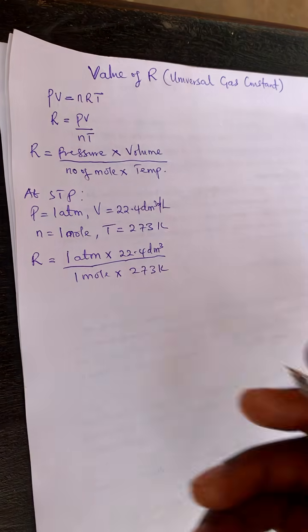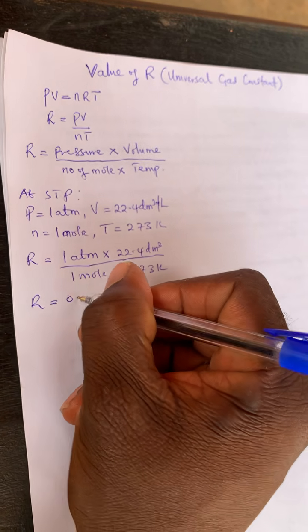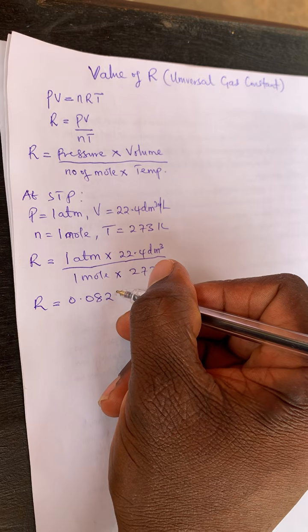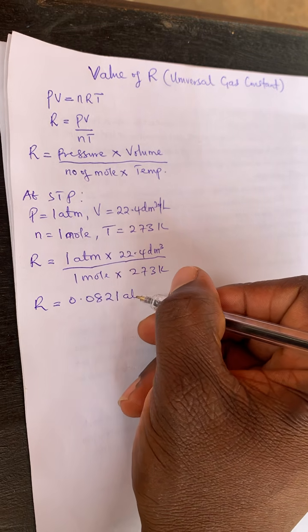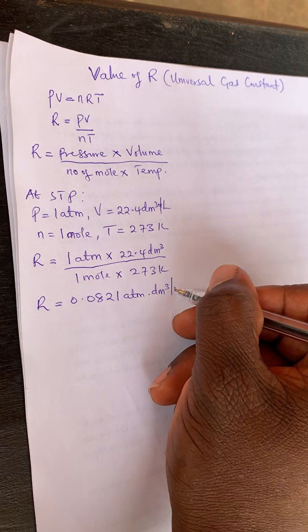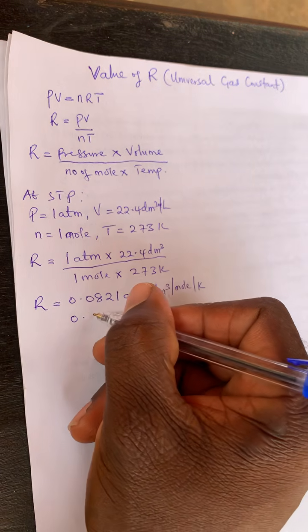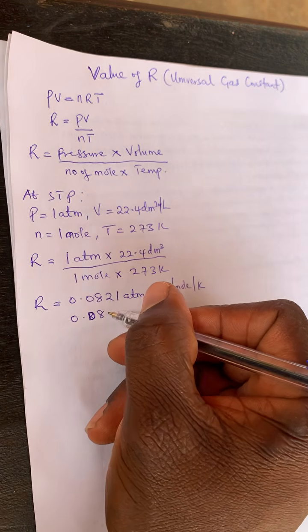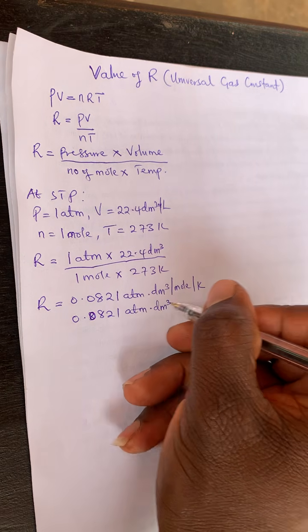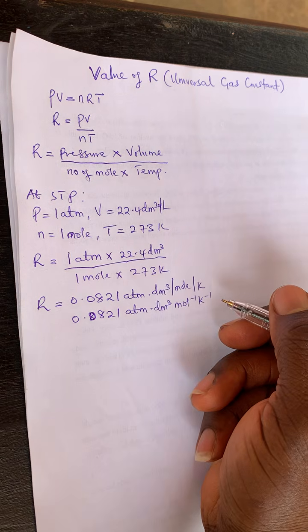Doing the multiplication and division, R is equal to 0.0821 atm dm cube per mole per K. Be careful of the unit; the unit is our interest here.